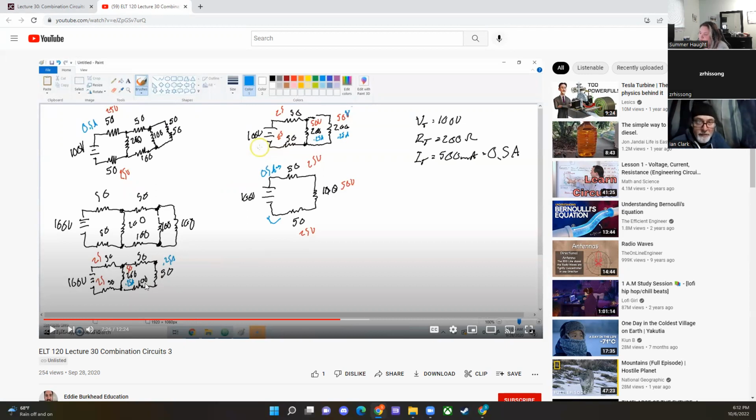He splits that 50 volts with those 3 resistors. The 100 gets 25 volts and each 50 gets 12.5.